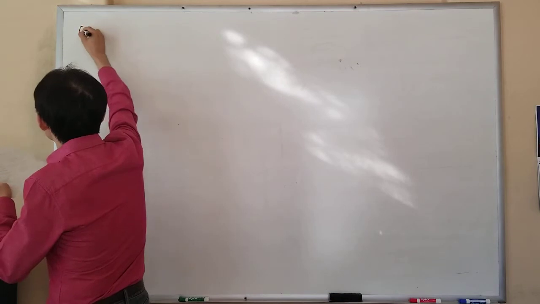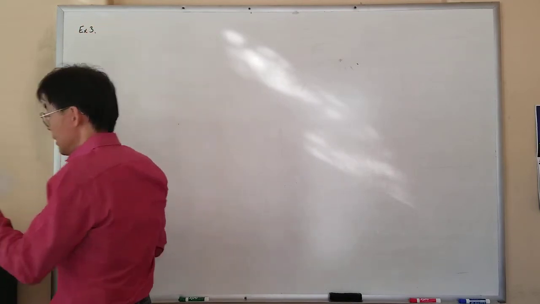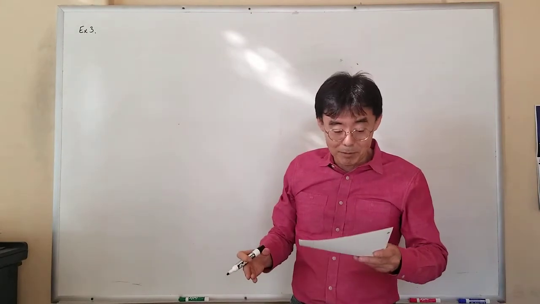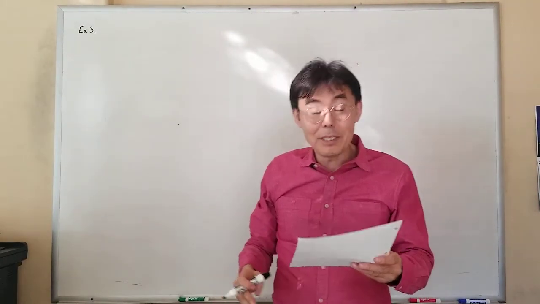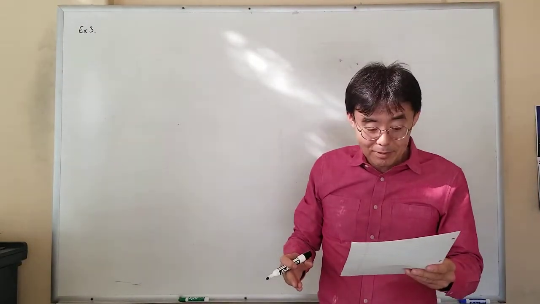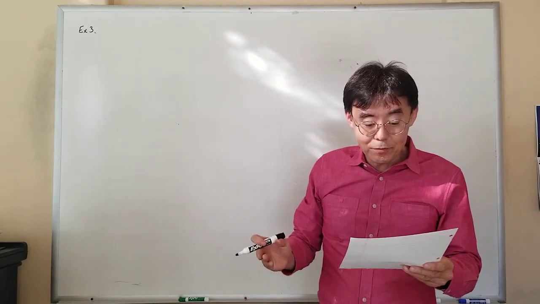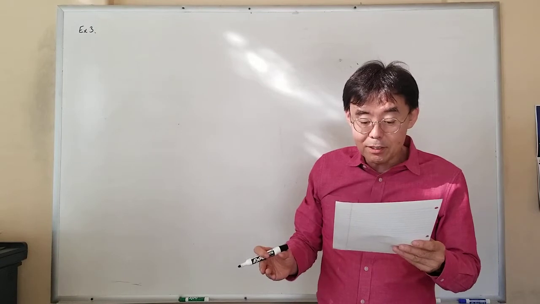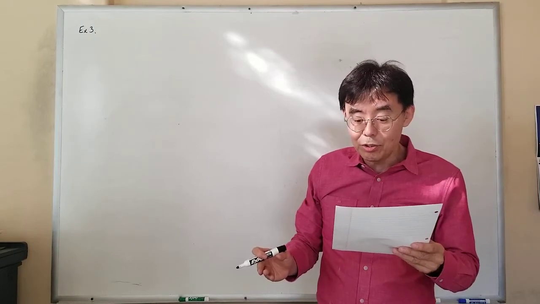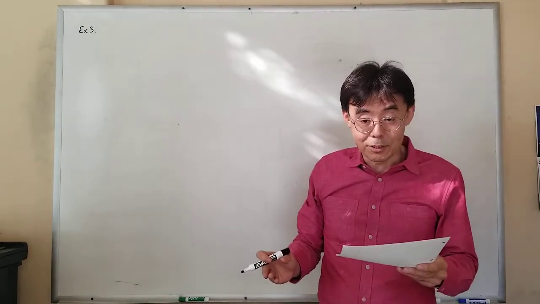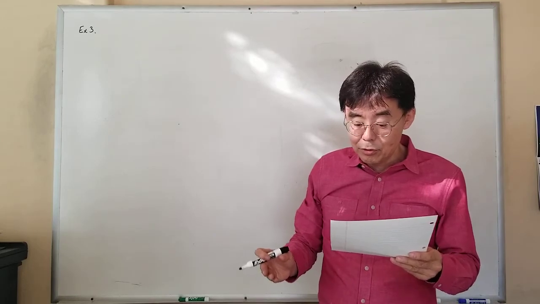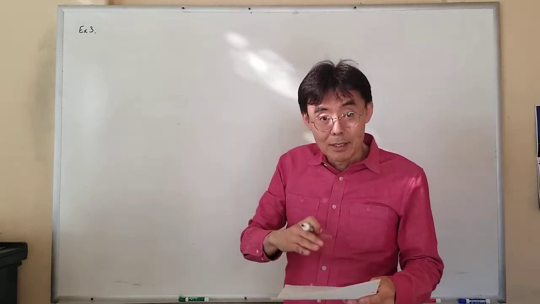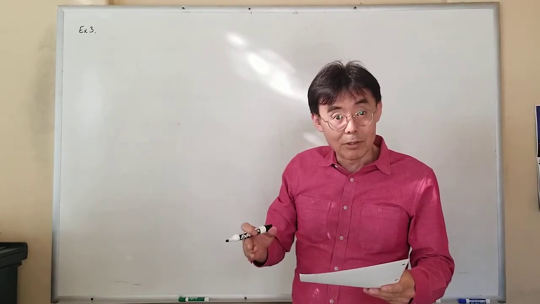Now, example 3 is the opposite problem. They gave you an iterated integral and asked you to sketch the region of integration and change the order of iteration. Change the order of the iterated integral after you find out the region of integration.